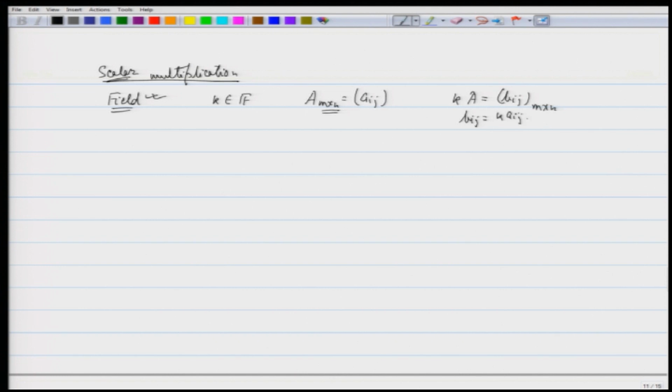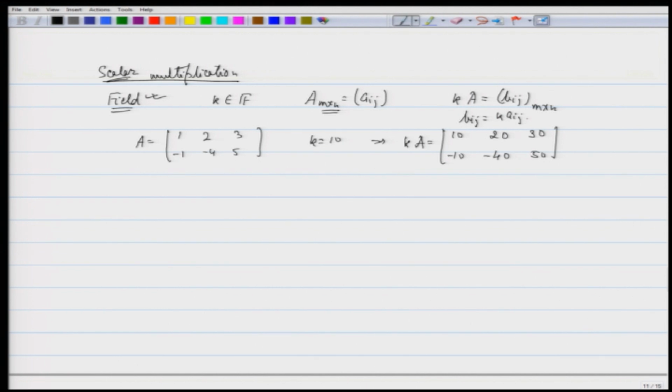So, for example, if my A is 1 2 3 minus 1 minus 4 5 and k is say 10, this will imply that k times A will be equal to 10, 20, 30, minus 10, minus 40, 50. So, you just multiply every element by that number, fine.